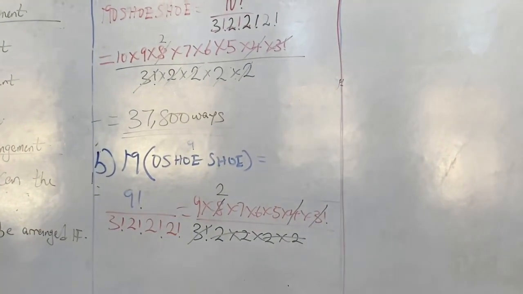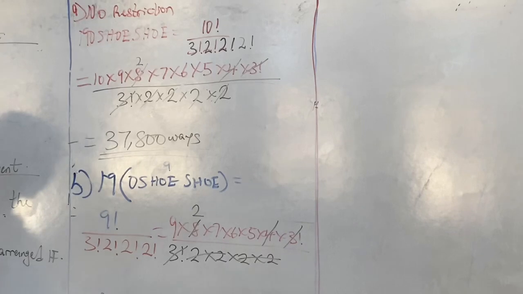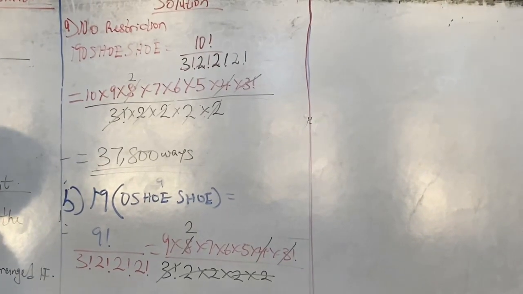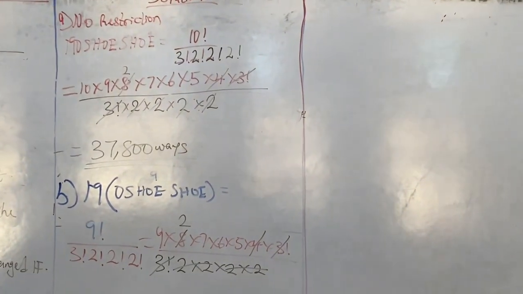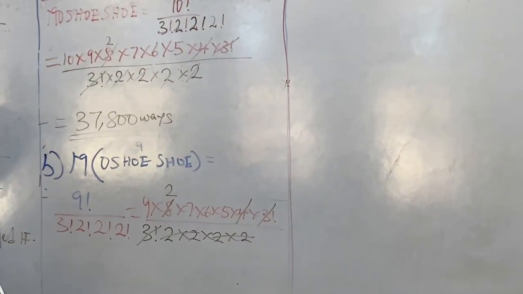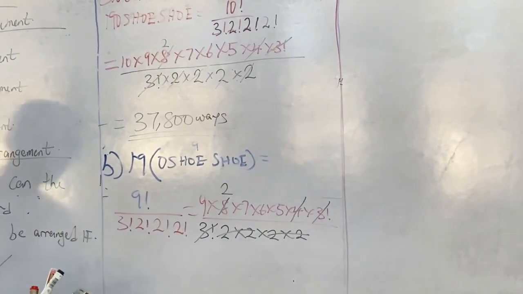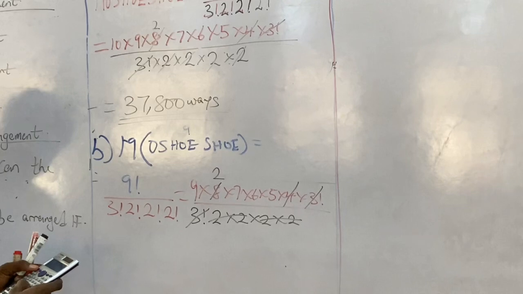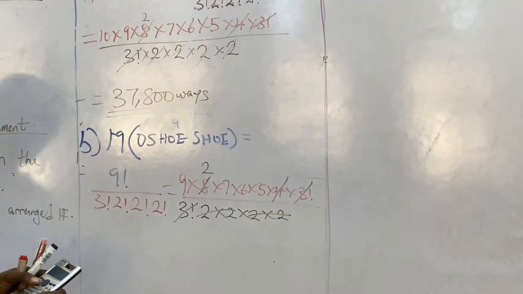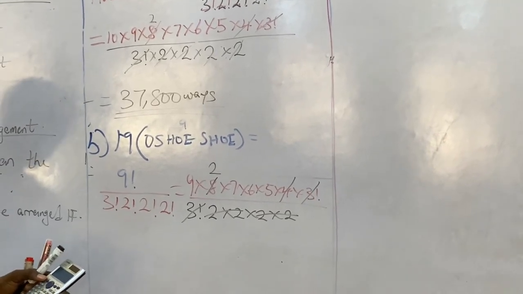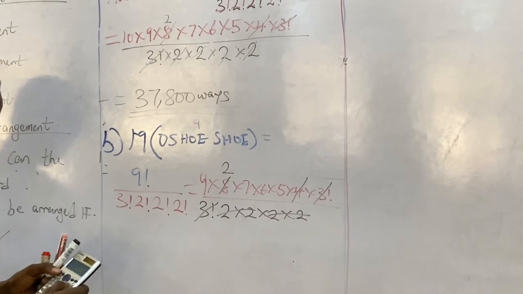Now you can multiply: 9 times 2 times 7 times 6 times 5. That gives us 3,780. Or better still, you can press it on your calculator as 9 factorial over 3 factorial, 2 factorial, 2 factorial, and 2 factorial.